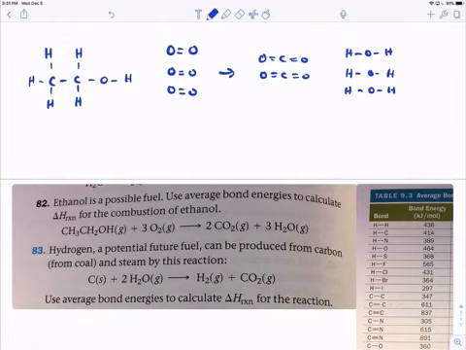So the delta H is equal to the sum of the bonds broken minus the bonds formed.